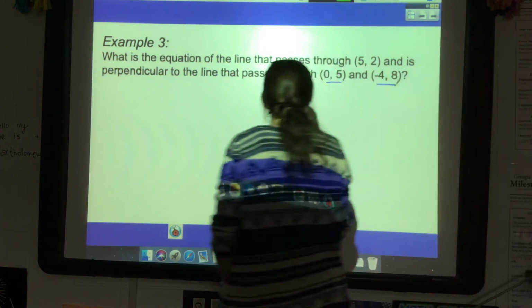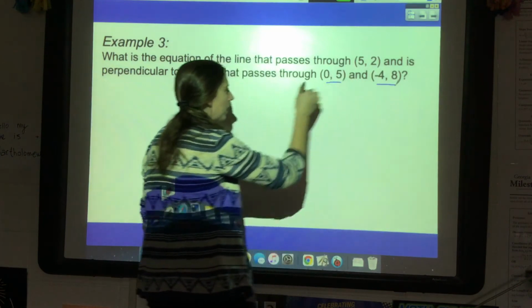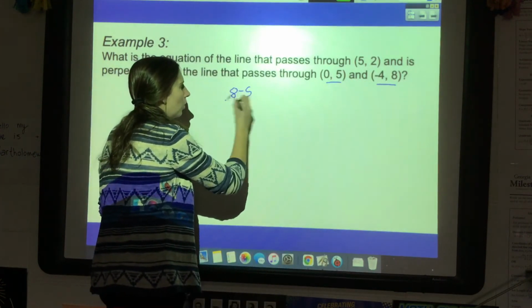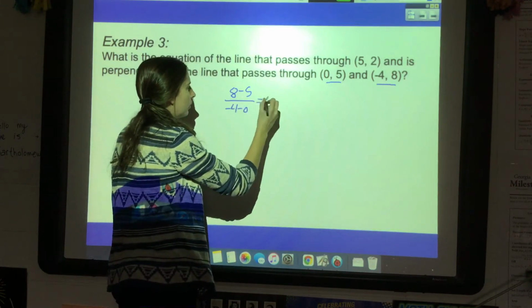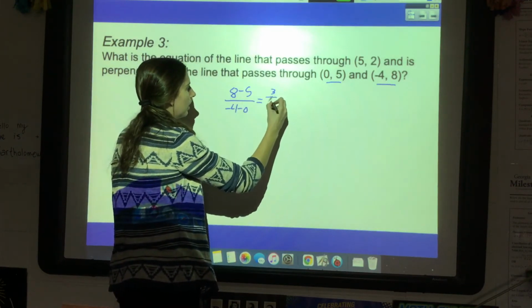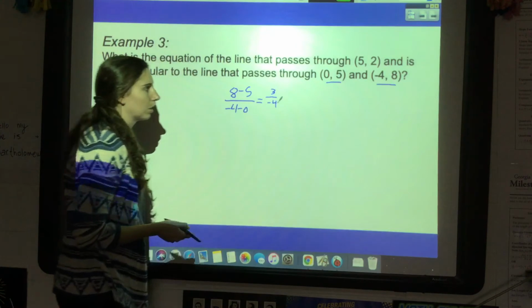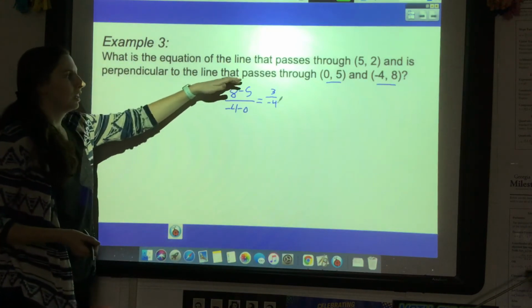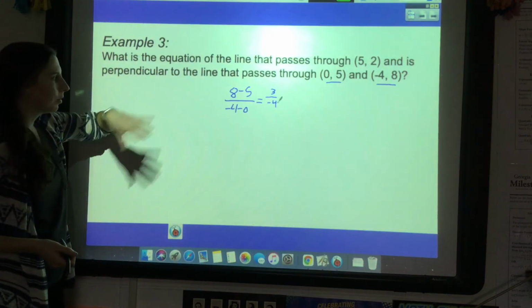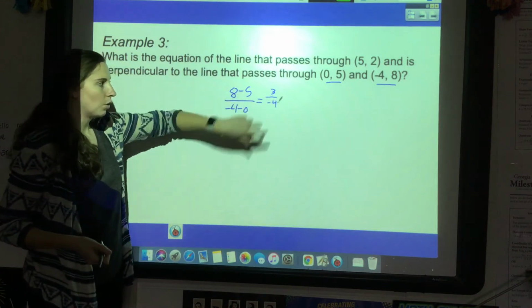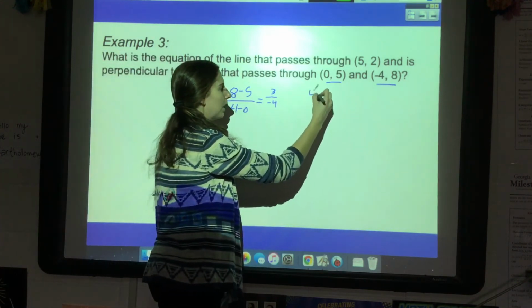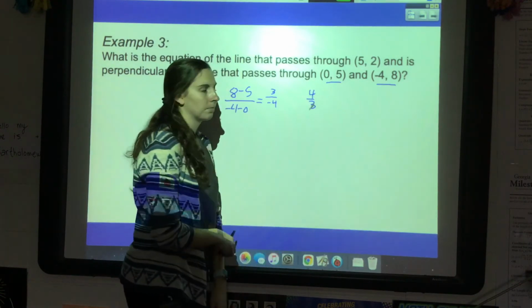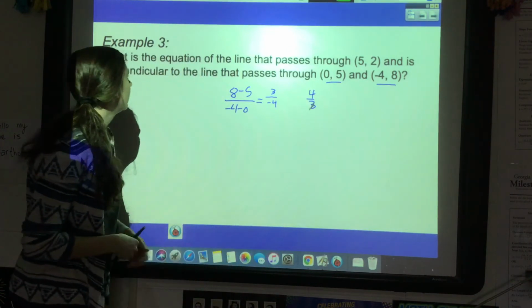So first I'll do the slope formula, y minus y over x minus x, which is 3 over -4. So -3/4 was the slope of this other line. I want to be perpendicular to this, which means I need to flip it and take the opposite. So the opposite reciprocal would be +4/3. That's the slope that I want.